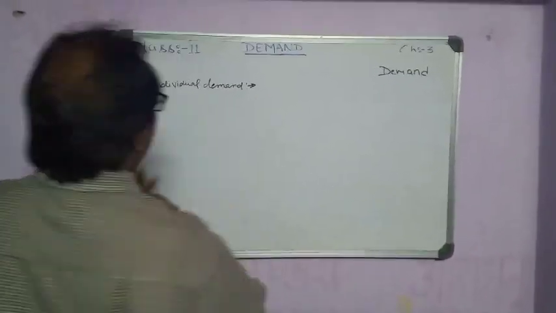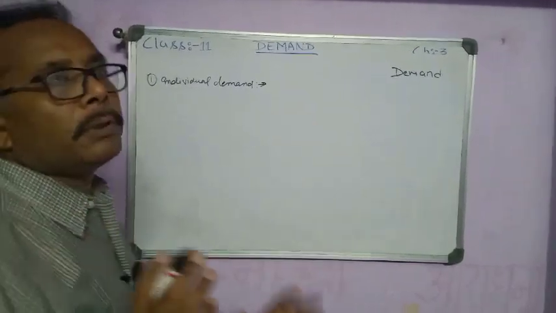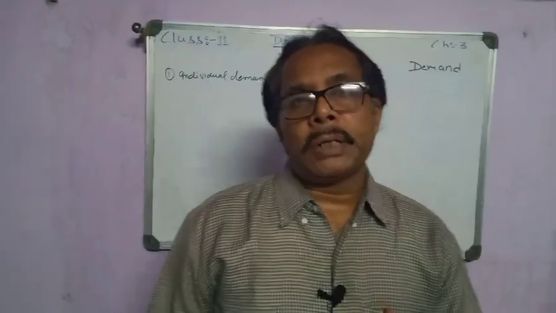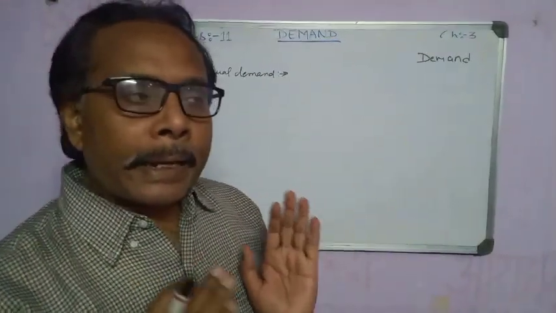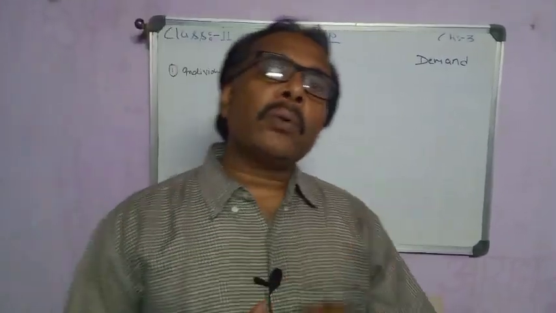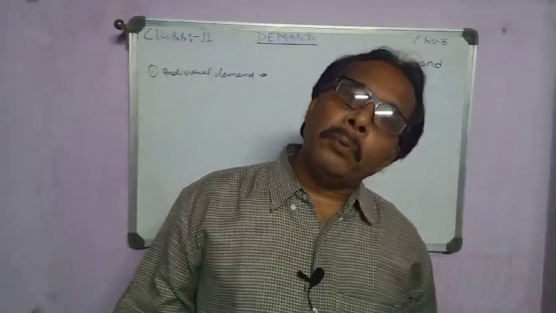So first is the individual demand. What is individual demand? Individual demand refers to a situation in which a consumer is willing to buy a particular quantity at a particular price.